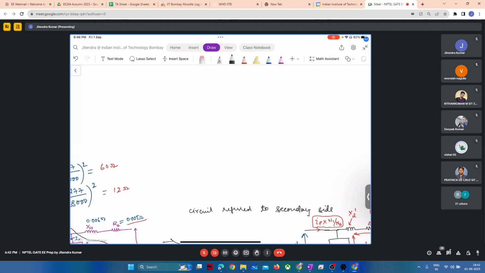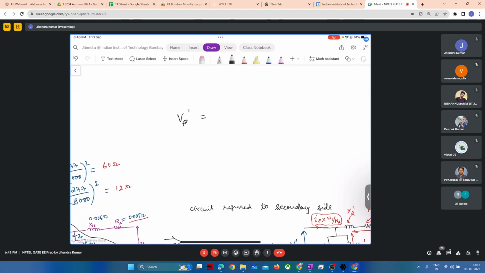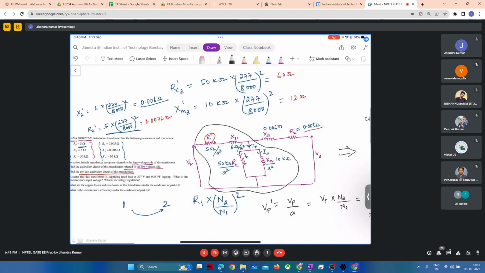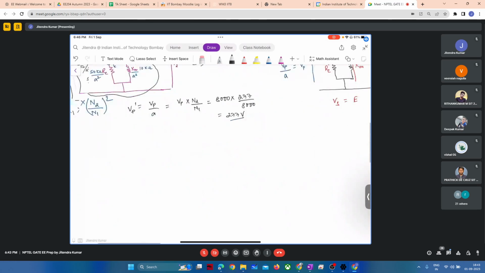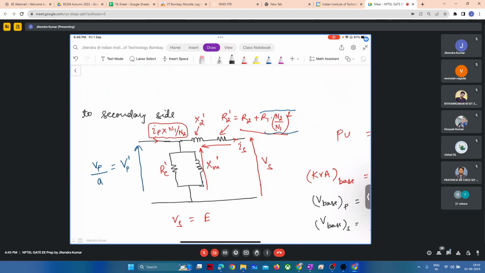And that primary voltage will be referred to the secondary, right? So Vs plus Is into Zs. If you see this circuit, which was referred to the secondary side, that will be very helpful here.